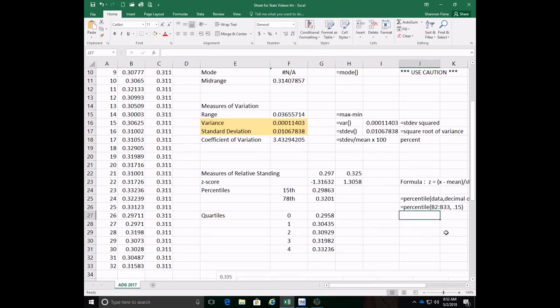And to do our quartiles, it's equals quartile, put in your data, and then put in the quartile number, 0 to 4. For example, we did equals quartile, B2 to B33, that was our data range, and then we put in the number 3, and that gave us this one right here.